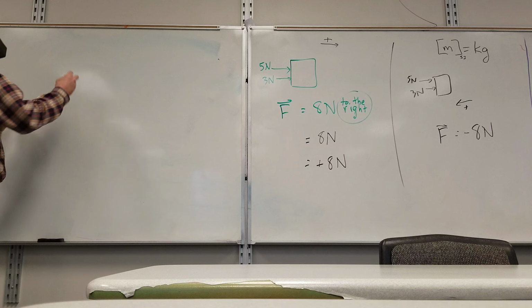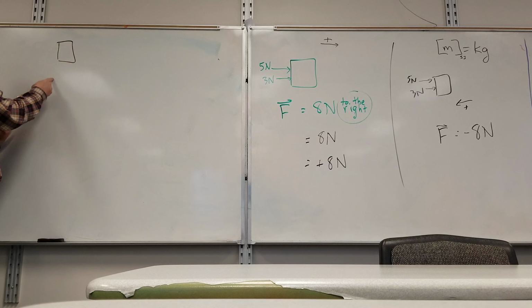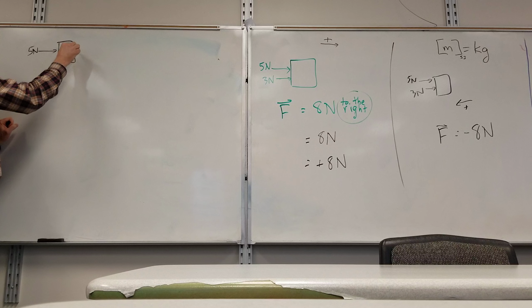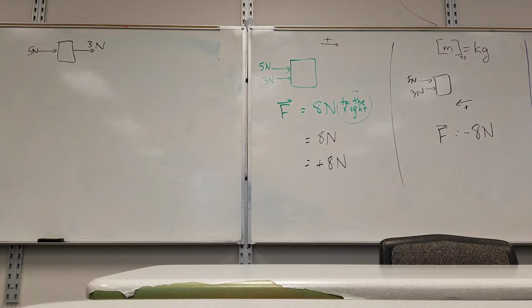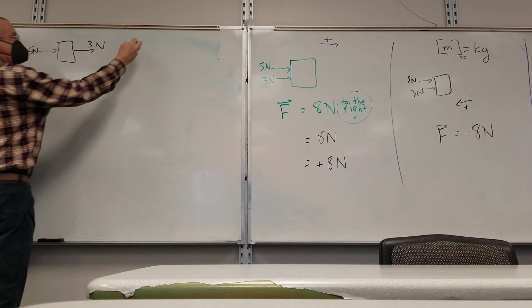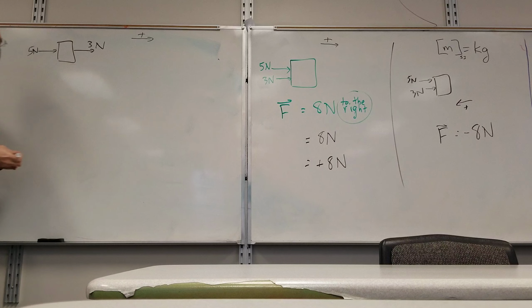All right, so now a box with 5 newtons pushing on it and 3 newtons pulling on it. What's the total force? And for the sake of expediency, we'll say to the right is positive. What's the total force acting on the box? Plus 8 newtons.